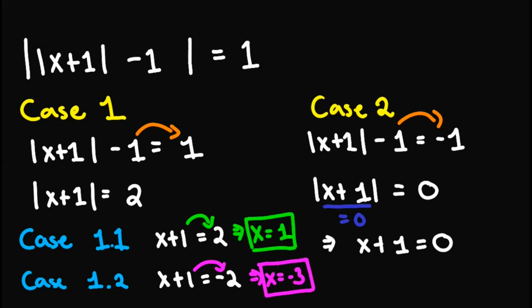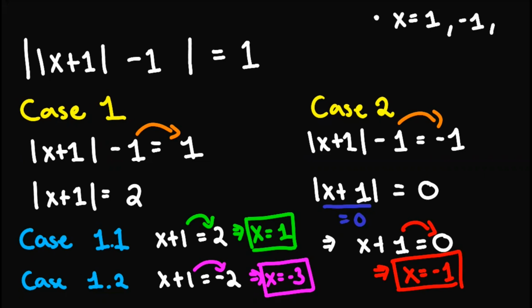And then for the third case, or the case 2, sorry for the confusion for the numbering of cases, but for this case 2, we simply move this 1 out here to obtain x equals negative 1. So we have 3 values. What we need to do next is to check if these values satisfy our original equation. So let's list these out. So we've got x equals 1, x equals negative 1, and x equals negative 3.